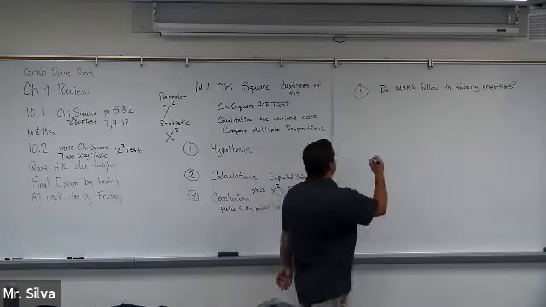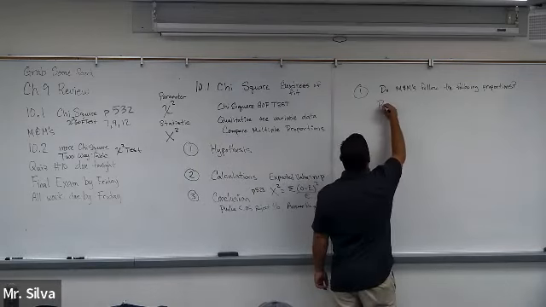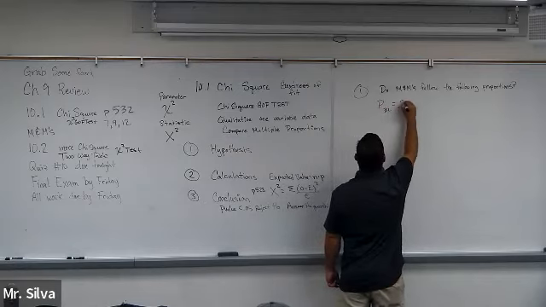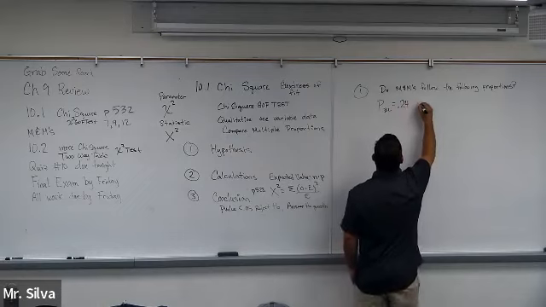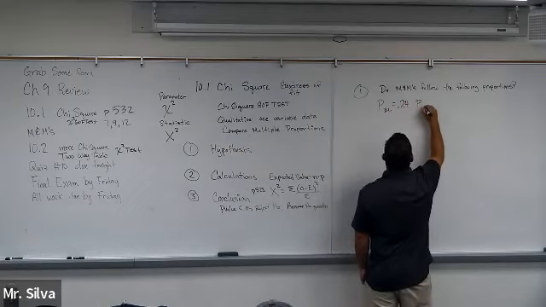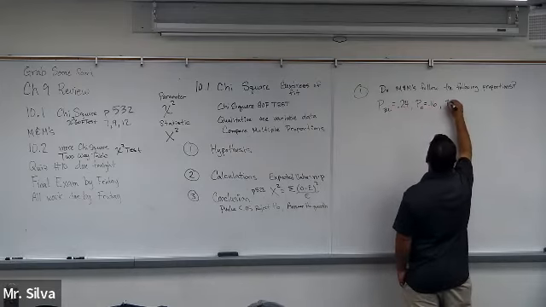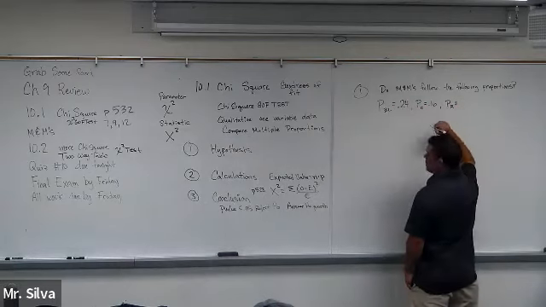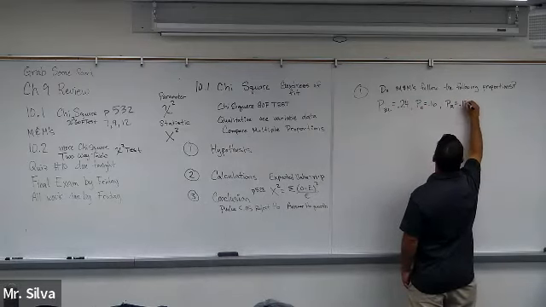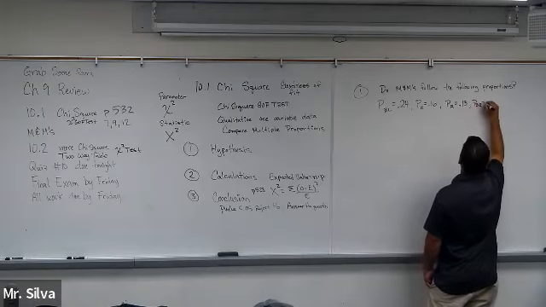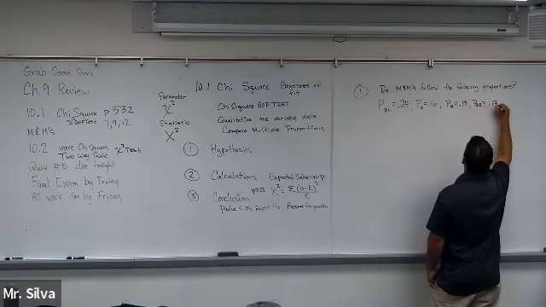So the probability of blue, I believe, is 0.24. 24% are supposed to be blue. Probability of orange is 0.16. I have to double check these, I'm going off of memory. Probability of red is 0.13. Probability of brown 0.13.